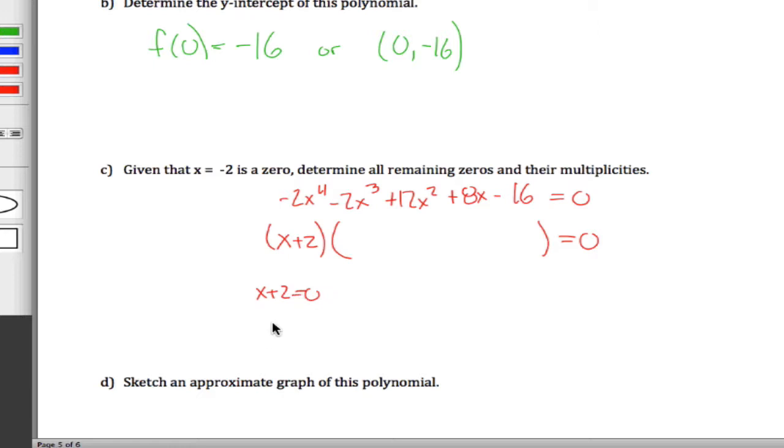If I had x plus 2 equals 0, I'd subtract 2 from both sides and get x equals -2. So we're kind of working backwards. If this is a root, then that must be a factor. So because -2 is a 0, x plus 2 must be a factor. So x plus 2 times something equals this mess up here. The question is just, what is that something?